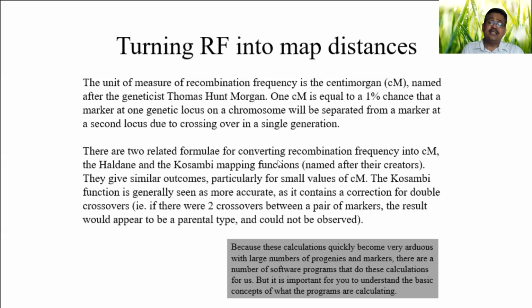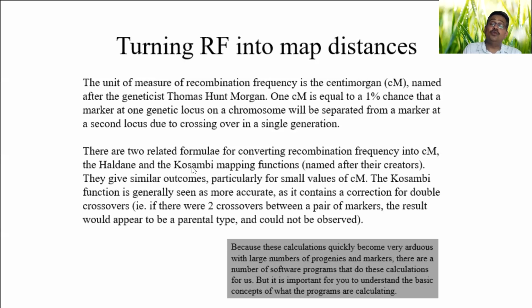I told you there are some regions where double recombinants occur. In order to correct the error due to double recombinants, Haldane and Kosambi designed map functions, named the Kosambi function and the Haldane function. They are two independent authors who gave a correction factor for map distance because some double recombinants occur in the progeny.